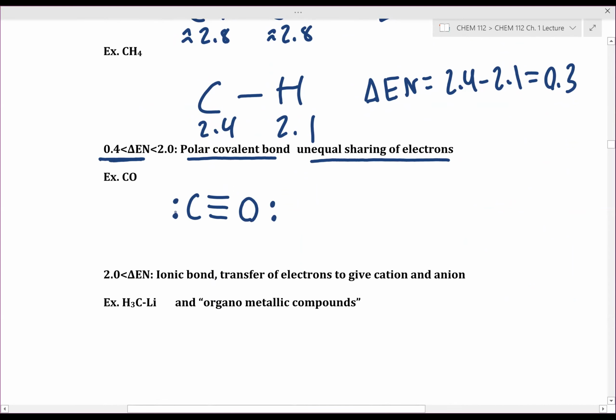Now, this electron density found in our carbon-oxygen triple bond will be allocated more on our more electronegative atom. So oxygen has an electronegativity value of approximately 3.1. Carbon is approximately 2.4. So our difference in electronegativity is approximately 0.7.